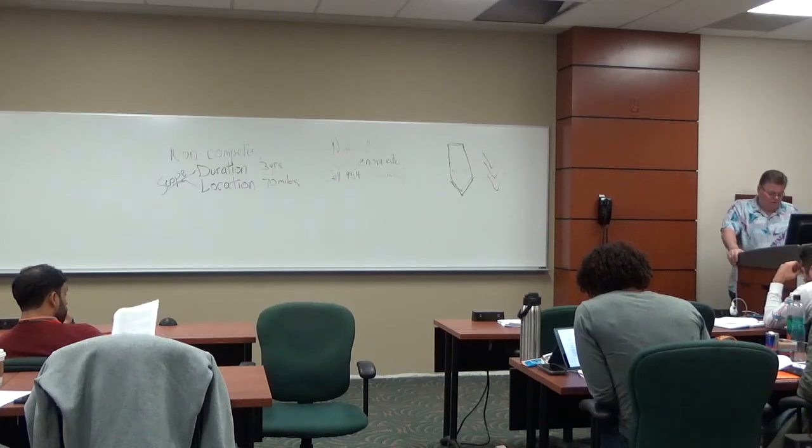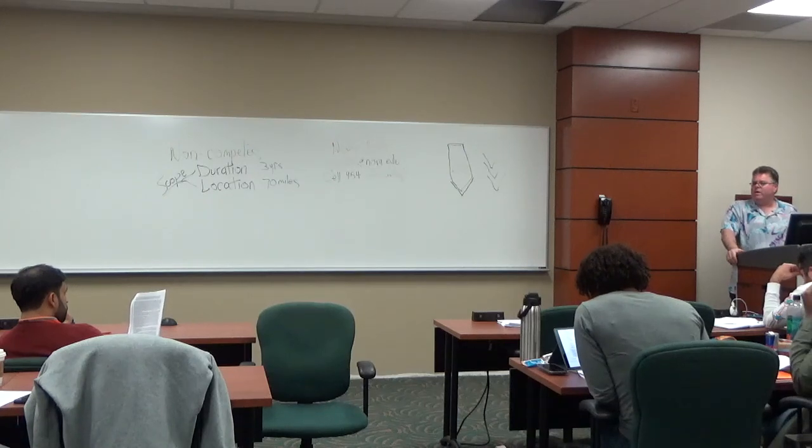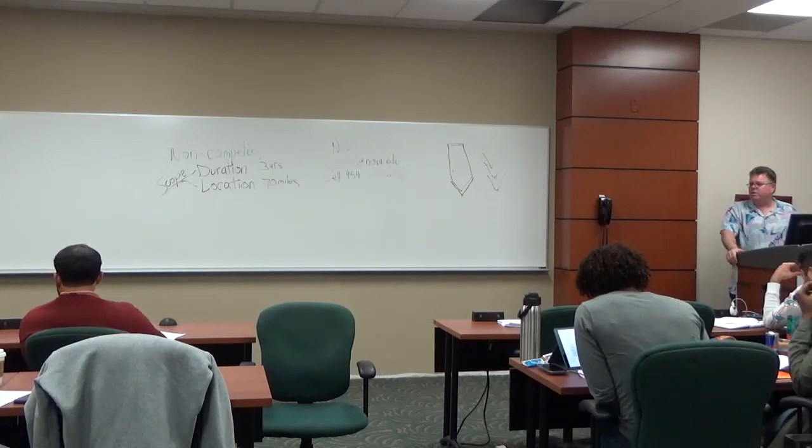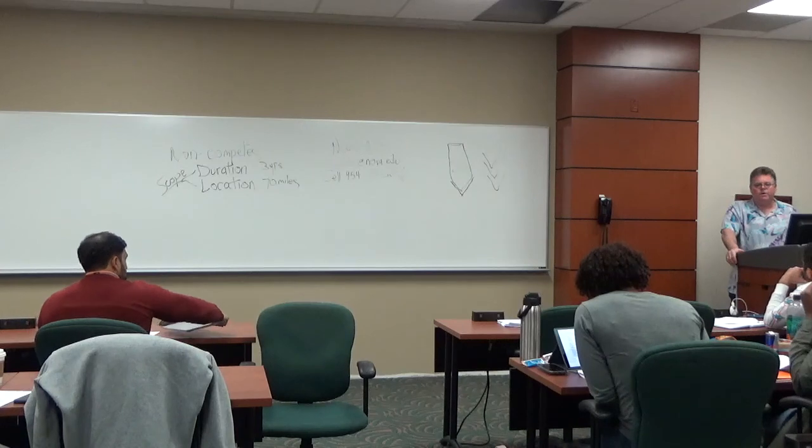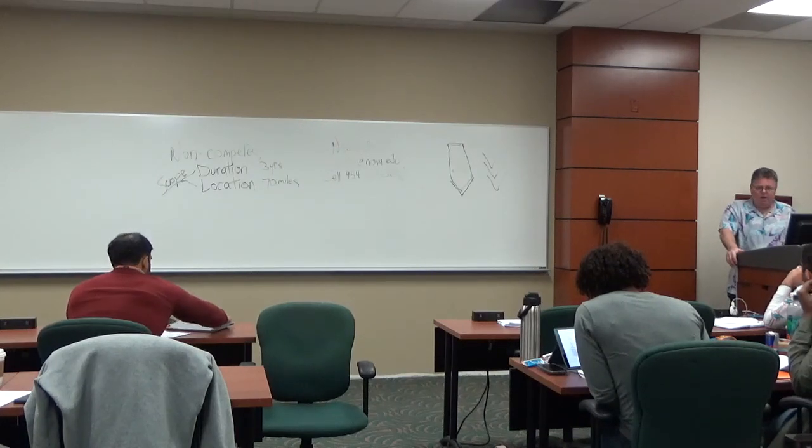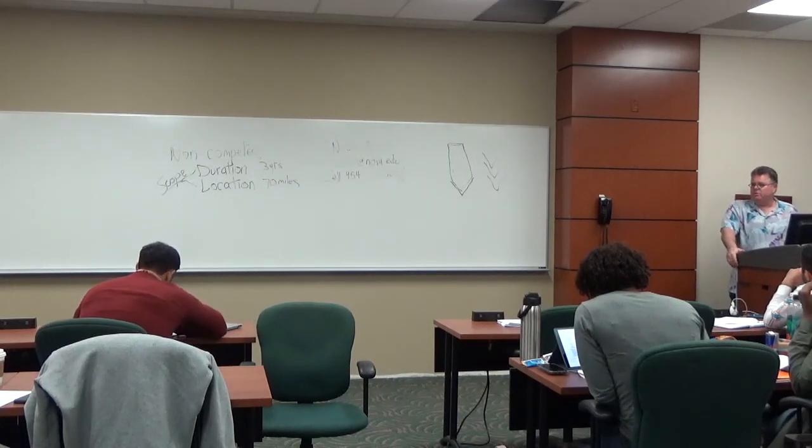Cure period. This is a nice little provision that's been added in more recent years to the contract, and it basically says that before I can default you and make a claim on your deposit, I have to give you written notice of what you've done wrong, and give you 5 days to fix it. This is very important because, talking about defaults, you have certain rights in what you can do, but before you can allege that the contract is over, give me a notice so I can fix it.